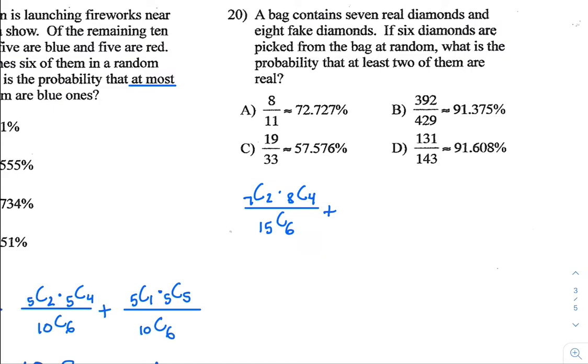Now we need to do the scenario when you do three real ones. So if you picked out 3 real diamonds, that means you must have picked out 3 fake diamonds out of the 8 total, right? Then you need to account for when you picked out 4 real diamonds, which means you must have picked out 2 fake diamonds.